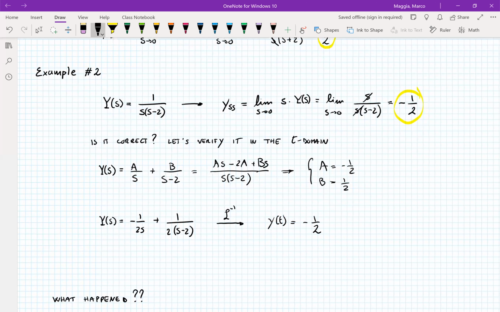Sounds promising. And now the Laplace inverse transform of the second term gives us plus 1/2 e to the plus 2t. So if we want to take the steady state value in the time domain, take the limit for time that goes to infinity of y of t.